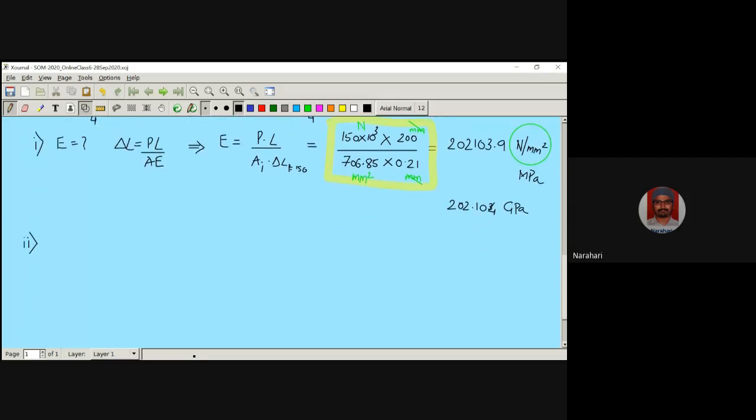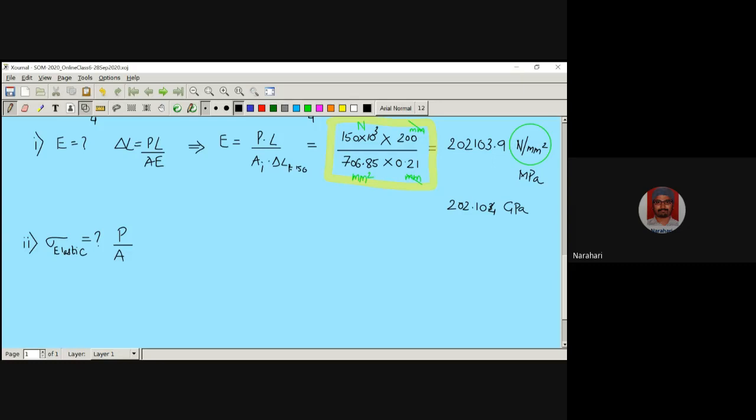So, what is stress at the elastic limit? F by A, P by A. Again, I am very particular about the notations I am using here. We have stopped using F; it's P, load. Especially in this problem, you cannot use F because it is load.